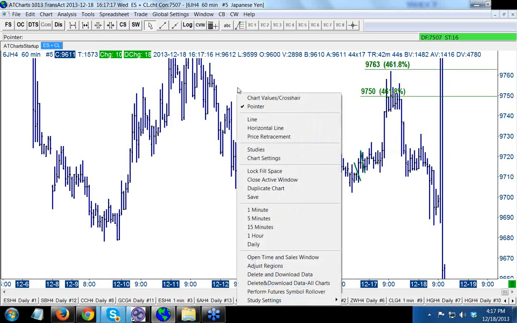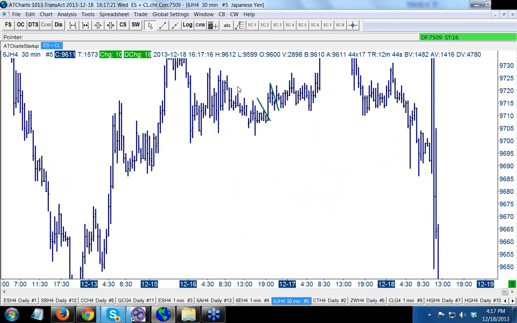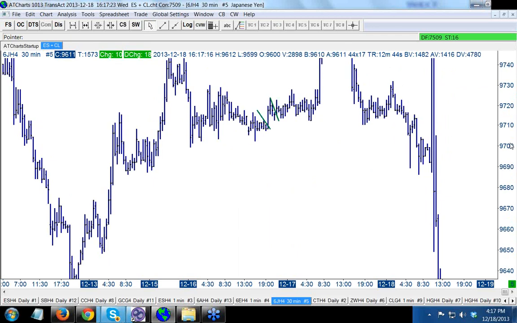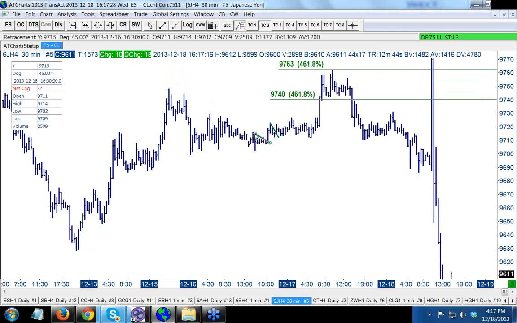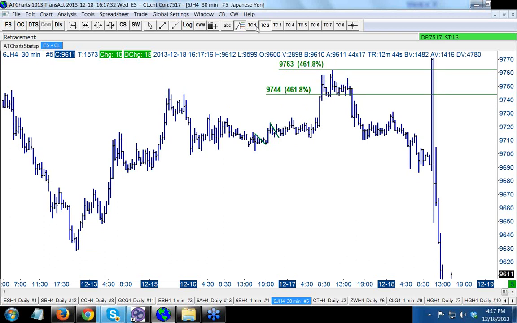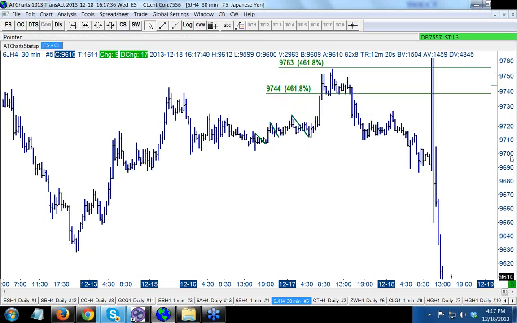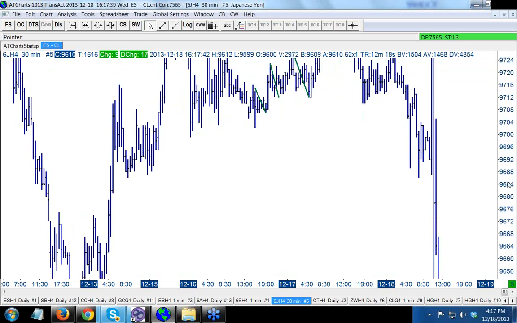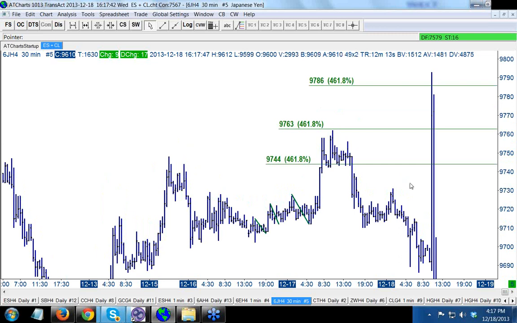Let me go down to a 30-minute chart so I can show you. In other words, if you're long here and you want to play it close to the vest, and you see a bunch of 461s as measure move within measure moves coming to a 78 that way, you want to be careful.